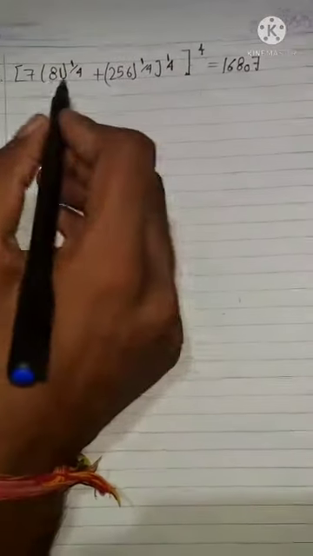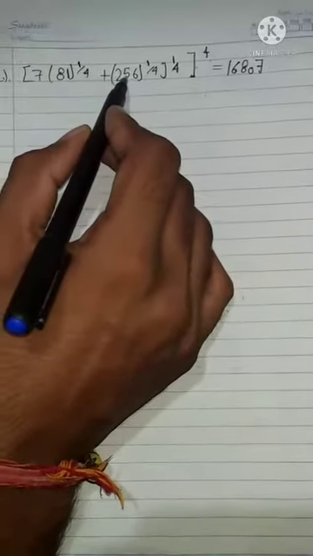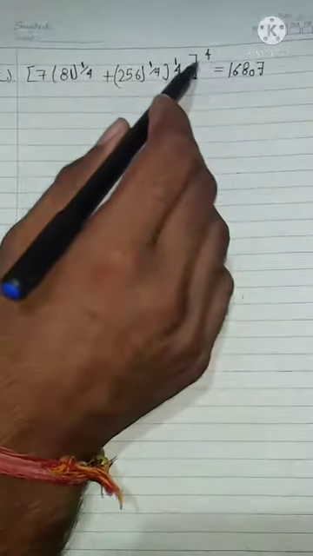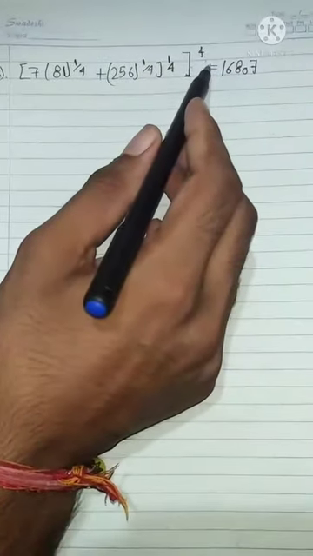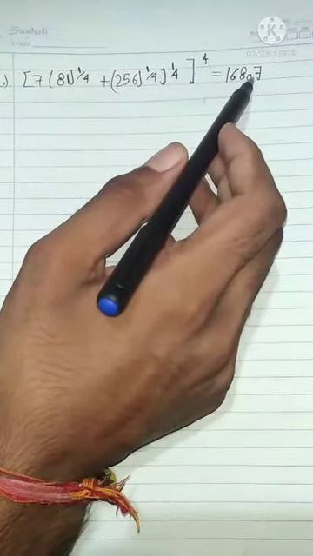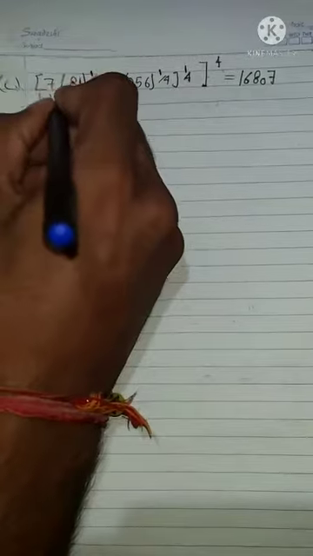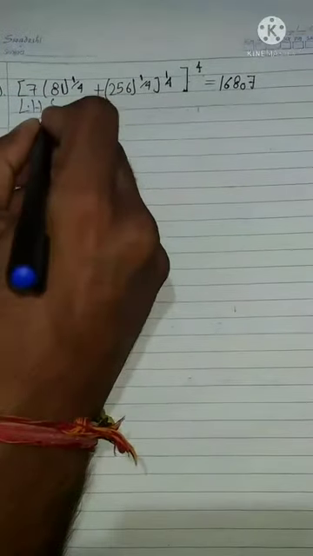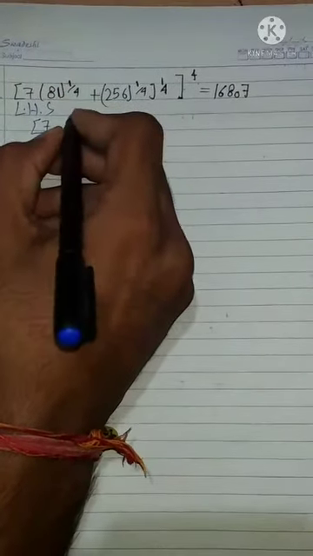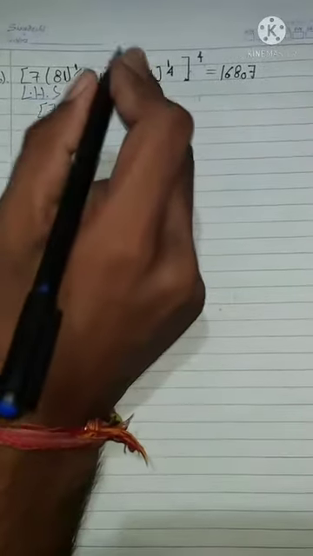Here another question is that bracket 7 into 81 to the power 1 by 4 plus 256 to the power 1 by 4, whole to the power 1 by 4, total whole to the power 4, equals 16,807. First write LHS, root 7. What can you write 81 in place of, in terms where the exponent is 4?